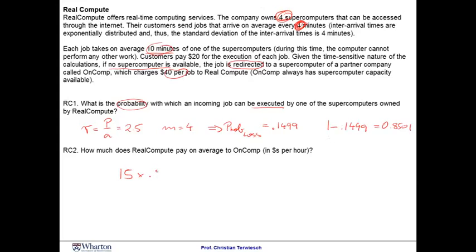That happens with a probability of 14.99%. So in that case, we have to turn 2.2485 expected jobs away. If we multiply that with a penalty of $40 per job, we get an expected hourly payment to our partner company of $89.94. So this is dollars per hour.